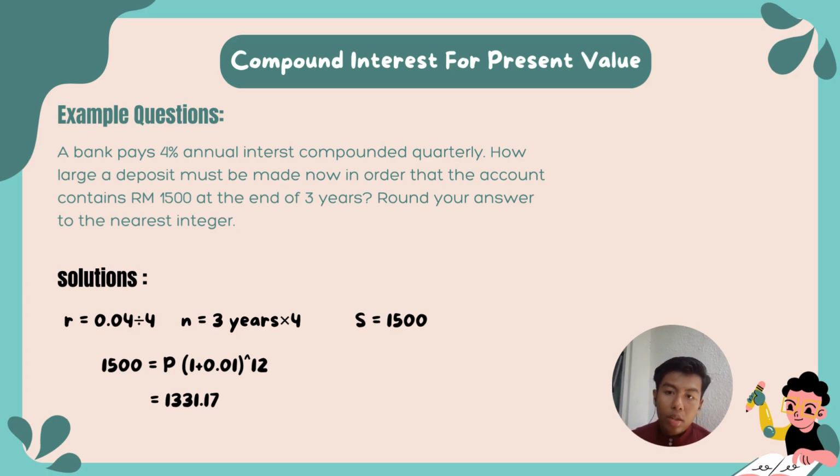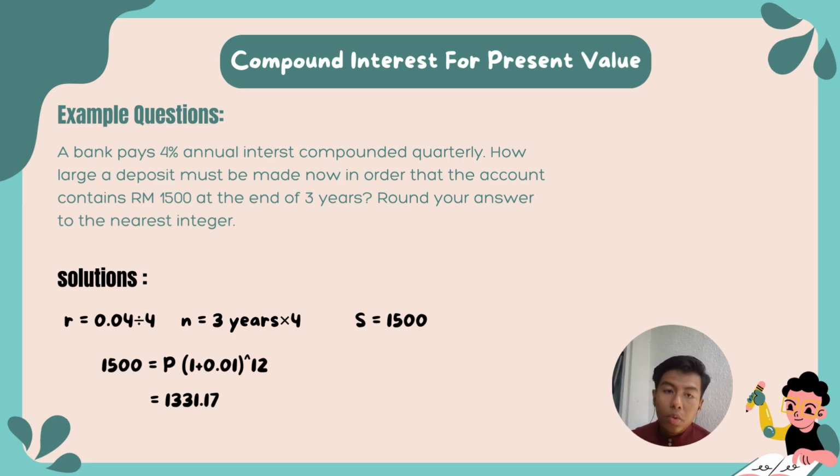The rate is 0.04 divided by 4, and we get 0.01. The period is 3 years times 4, and we get a total of 12 for the period, and the future value is 1500.